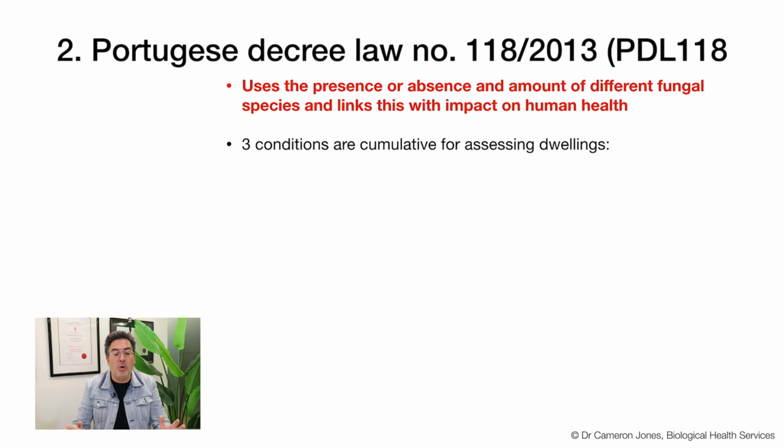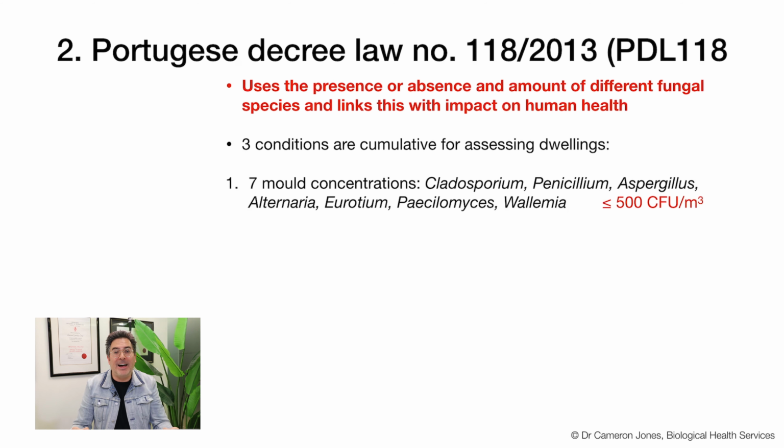They are cumulative, and they're looking for particular groups of microorganisms. And they say that there are 7 concentrations of particular fungi that are going to be present in quite low levels, and they have said under 500 colony forming units per cubic meter.